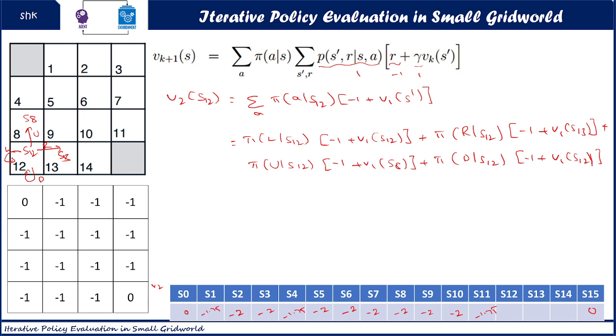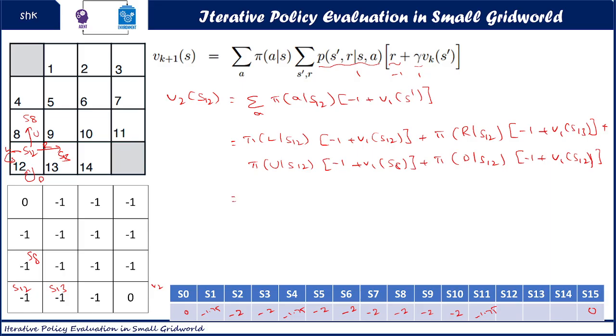So for computing this V2 of S12, what values do we require? V1 of S12, V1 of S13, V1 of S12 and V1 of S8.